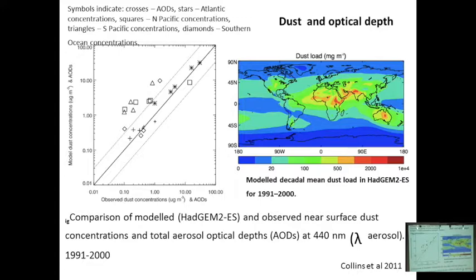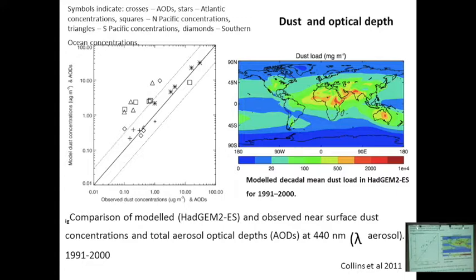And in this graph, these crosses here are the representation of the optical depth. The optical depth is related to the concentration of pollution in the atmosphere.